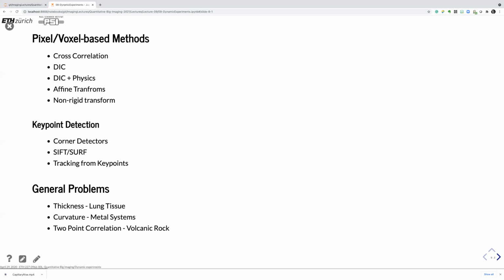And then we can look at different problems, like thickness of lung tissue, or the curvature of some metal system, 2-point correlations in volcanic rock, and so on. So there are a lot of different problems that can come up with this time analysis.